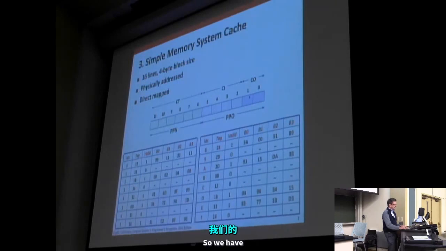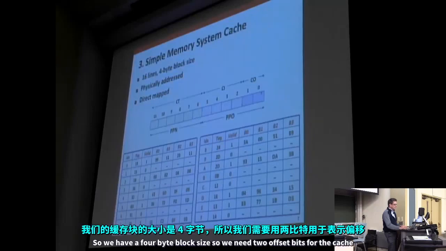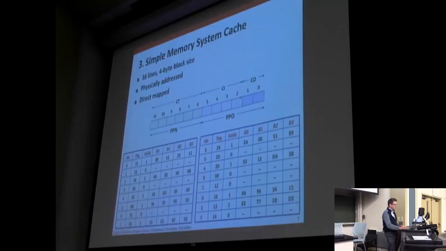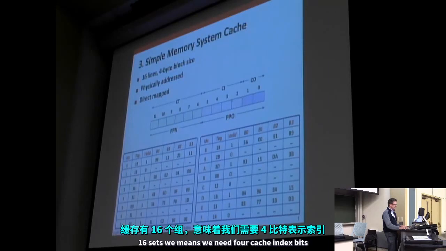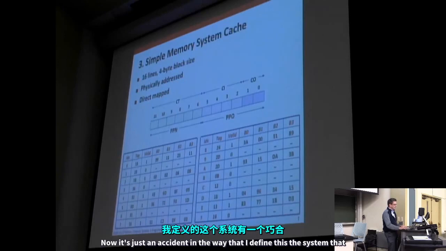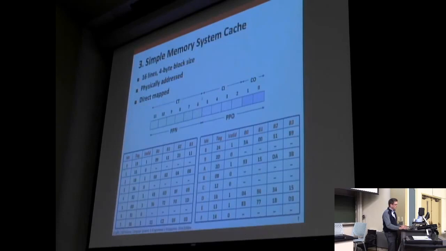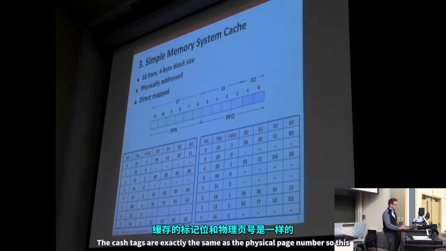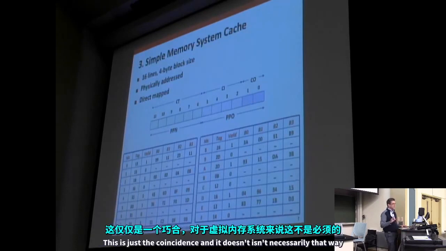So with a 4-byte block size, we need 2 offset bits for the cache. 16 sets means we need 4 cache index bits, and then the remaining bits are for the tags. Now, it's just an accident in the way that I defined this system that the cache tags are exactly the same as the physical page number. This is just a coincidence. It isn't necessarily that way.